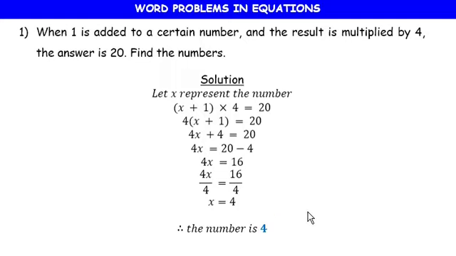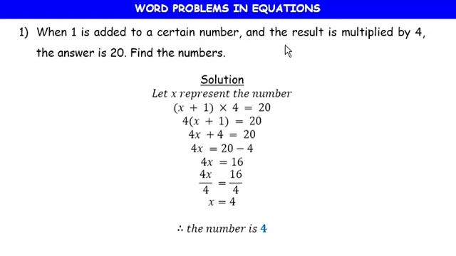Now let's see whether we are correct. It says when 1 is added to a certain number, so at long last we've discovered that certain number. That certain number is 4. So when 1 is added to 4, what is 1 plus 4? It is 5.